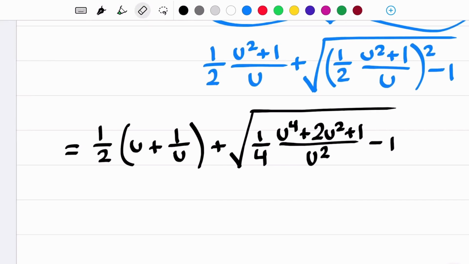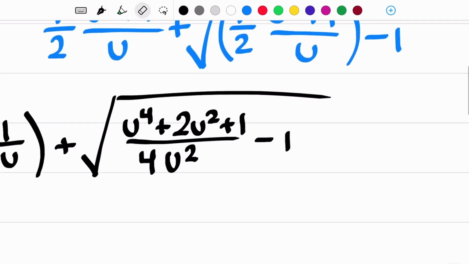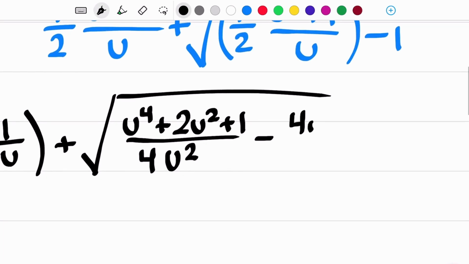Now I'm actually going to bring this 4 from the 1/4 back into the denominator, and we will see why in just a second. When I do have my root here, I'm going to take this 1 and make it into a common denominator with the other term. So the 1 just becomes a 4u squared over 4u squared. Of course, this is equal to 1.